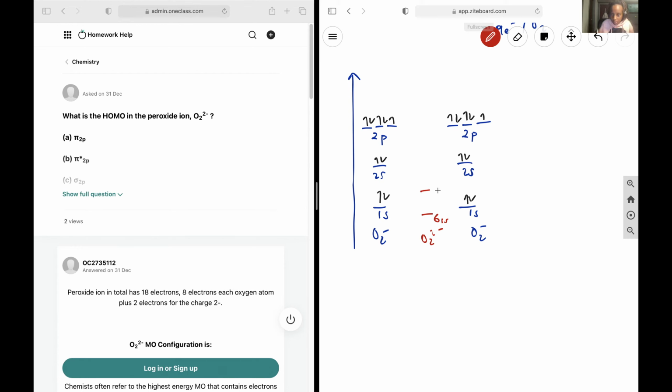Sigma 1s, antibonding sigma 1s, sigma 2s, antibonding sigma 2s. And then we are going to have our pi 2p. Seems a little bit crowded here. Let's just space everything out a little bit more.